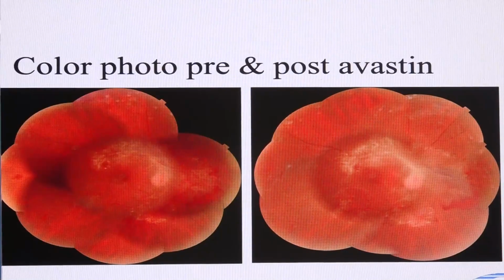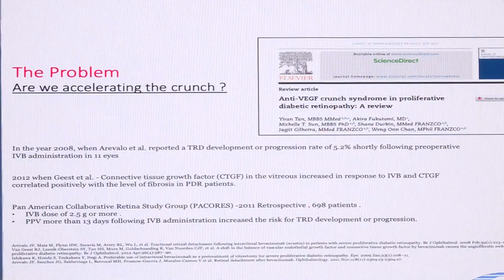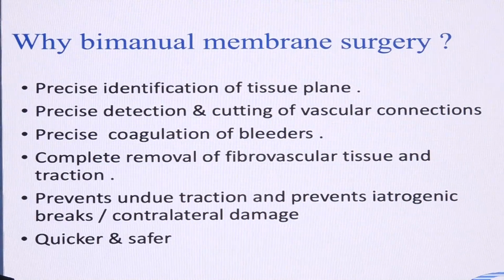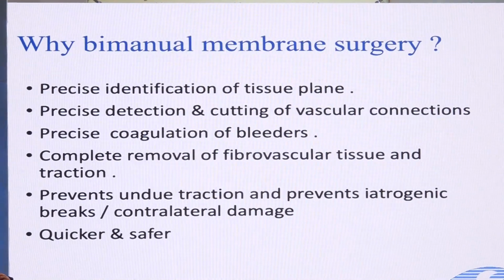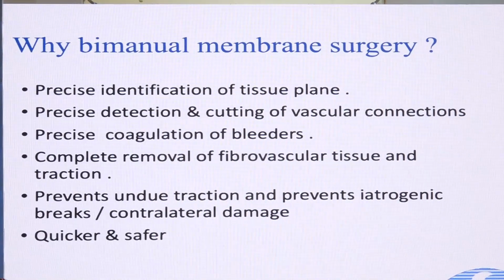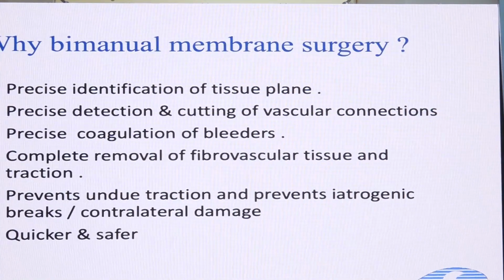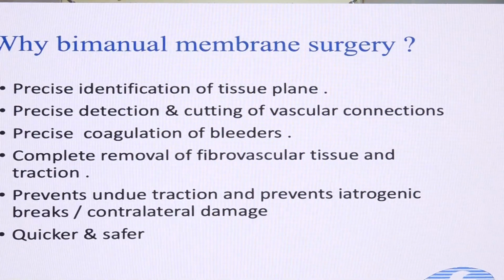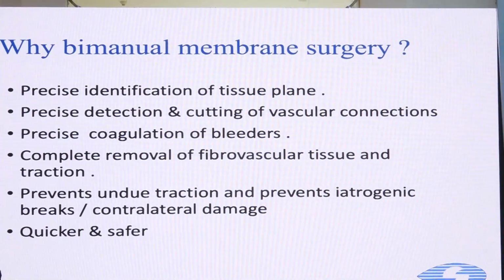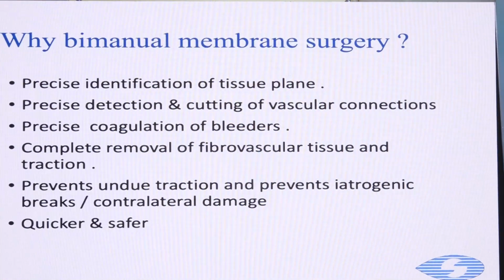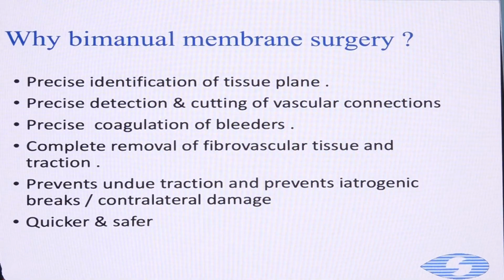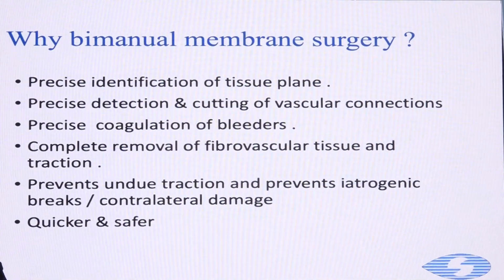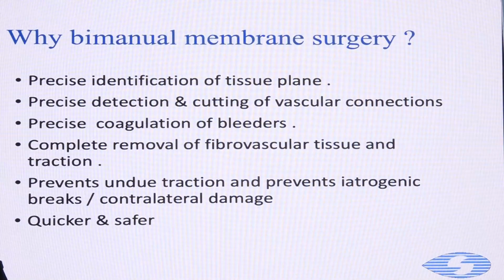Preoperative anti-VEGF is what we all know, and Dr. Sangeet has also spoken about it. So coming to why bimanual surgery: one, it gives you a very precise identification of a tissue plane, especially in places where you have not preoperatively studied the case. There is very precise detection and cutting of the vascular connections. As we know, in PDR it is more the vascular pegs which need to be separated, and bimanual makes this very easy and controlled.